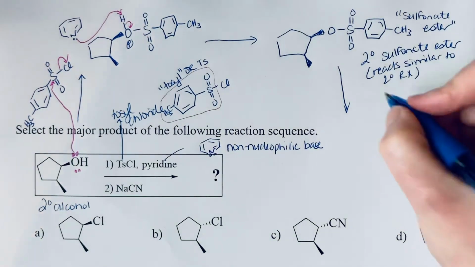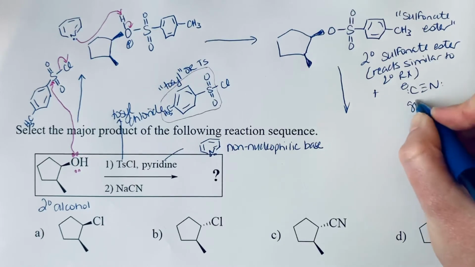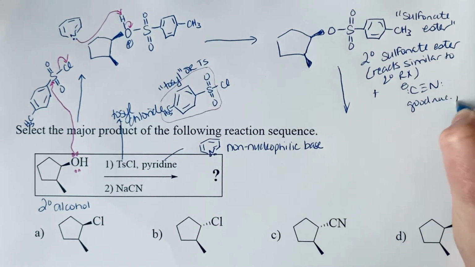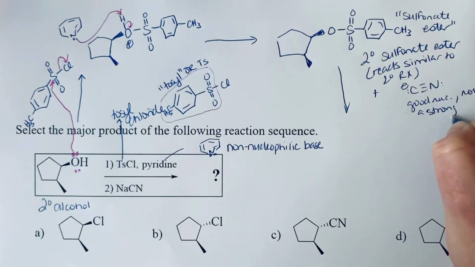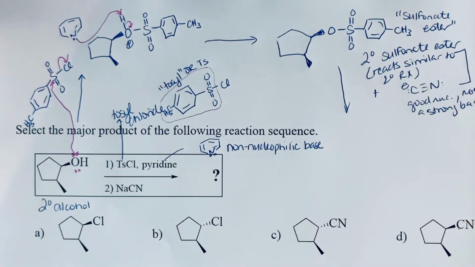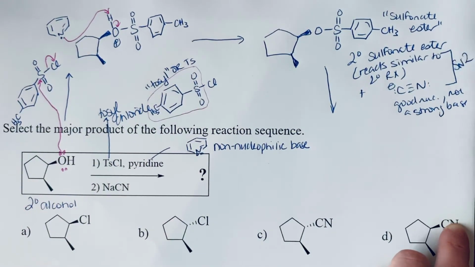And we're reacting this with cyanide, which is a good nucleophile, but not a strong base. Right, so putting these two pieces of information together, we're going to expect to see an SN2 reaction.